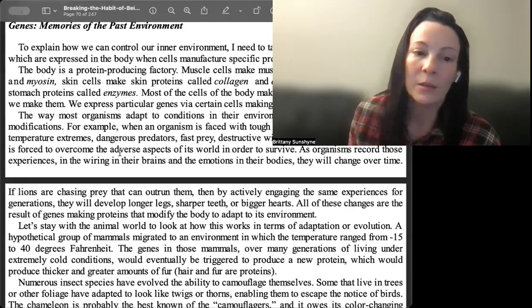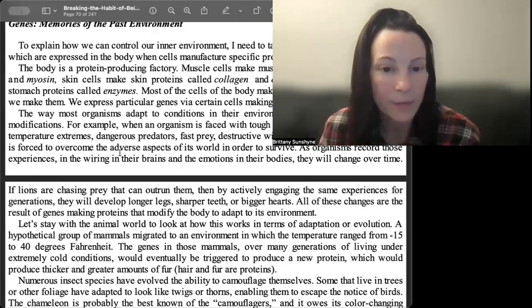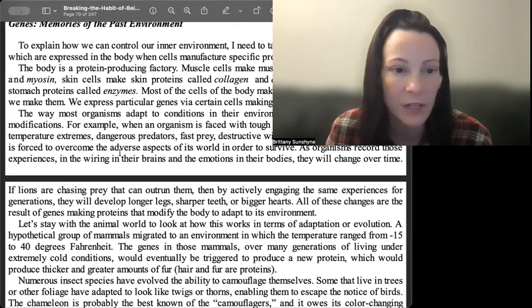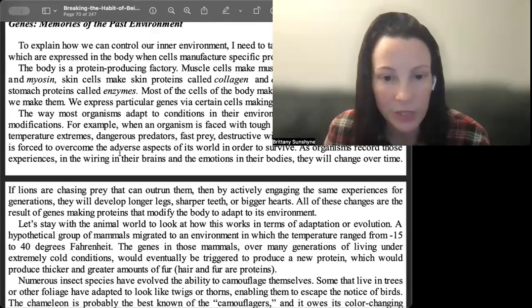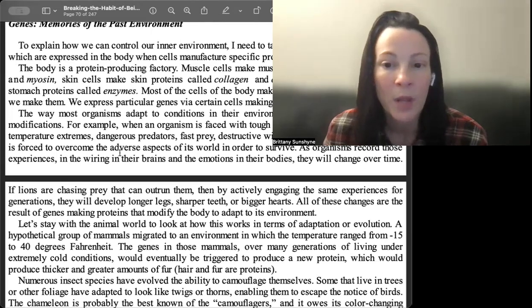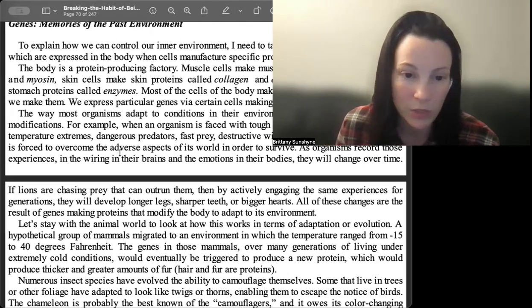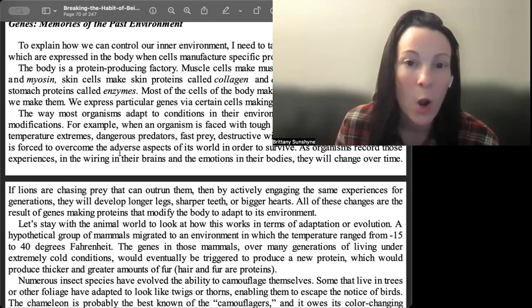If lions are chasing prey that can outrun them, then by actively engaging the same experiences for generations, they develop longer legs, sharper teeth, or bigger hearts. All of these changes are the result of genes making proteins that modify the body to adapt to its environment.